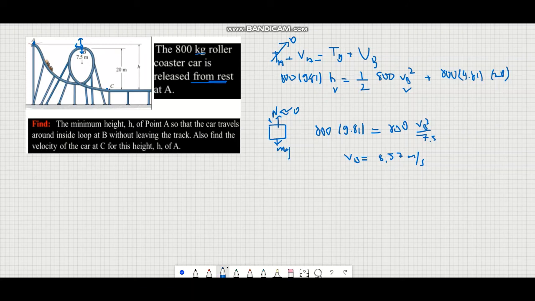Therefore we find VB, and then when we plug VB over here, we are gonna find our H is gonna be 23.75 meters.